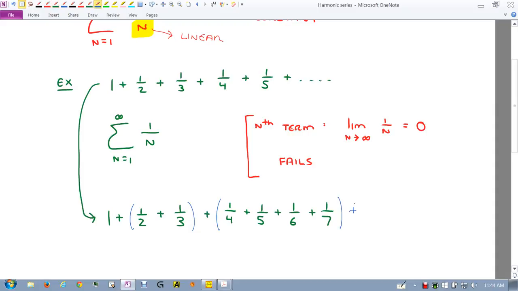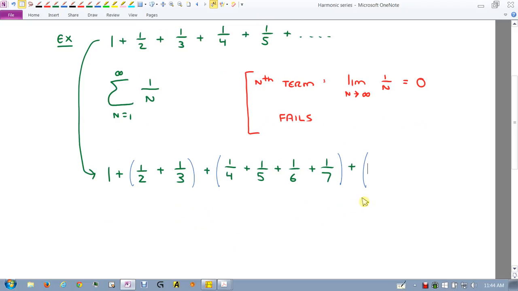And then I'm going to clump the next, what do you think? First I clump the first 2 together, then the next 4 together, then the next is either 6 or 8. It's actually 8.